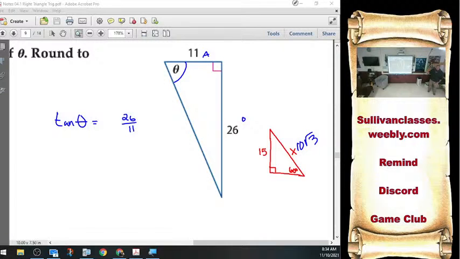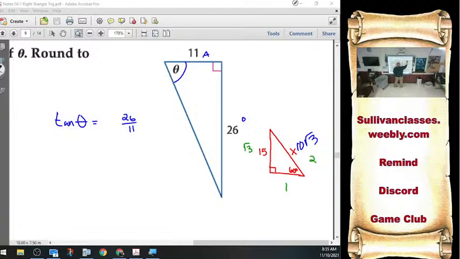To go from the long leg to the short leg, divide by square root of 3. Square root of 3, 1, 2. By those ratios. I was just doing ratios and scale factors yesterday with algebra half.